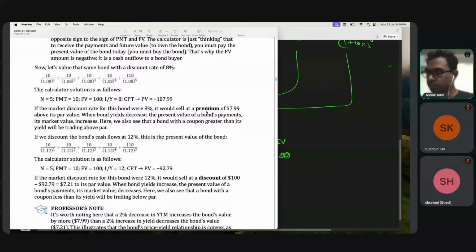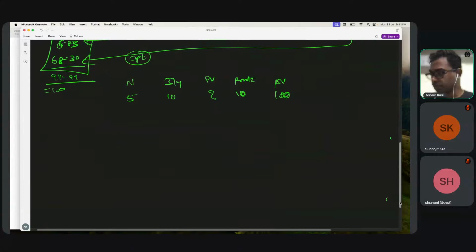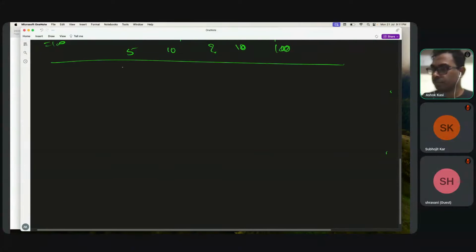Now this one, when the discount is 8%. Next sum: 5-year maturity bond.